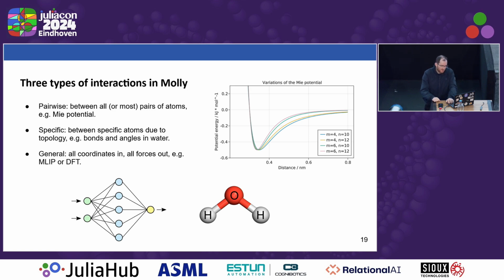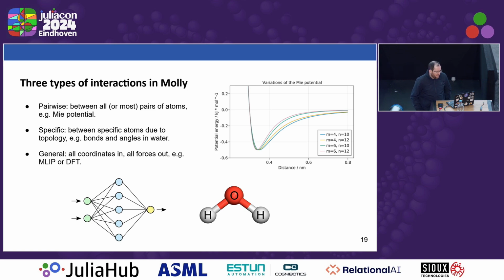There are 3 types of interactions between atoms in Molly. The first is the pairwise interaction, which is between all or most pairs of atoms. So for instance, I mentioned the Lennard-Jones potential, or its generalization, the Mie potential on the right.